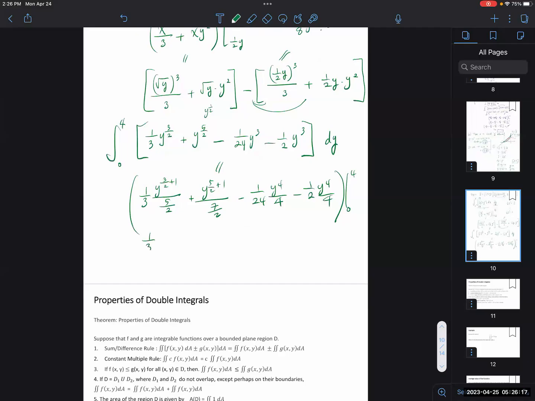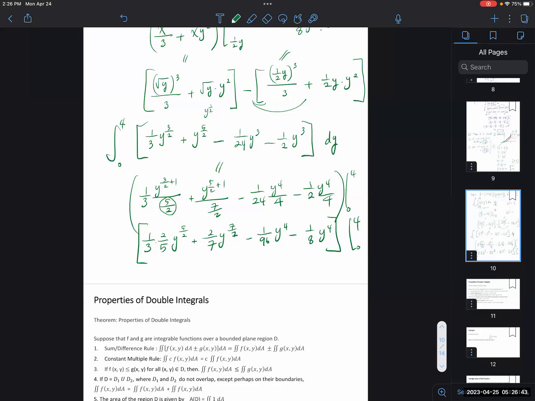So 1 over 3, I can bring this one up, flipping over. I can flip over 2 over 7, 7 over 2. And then I can multiply 96, y to the 4, 1 over 8, y to the 4. And then from 0 to 4.